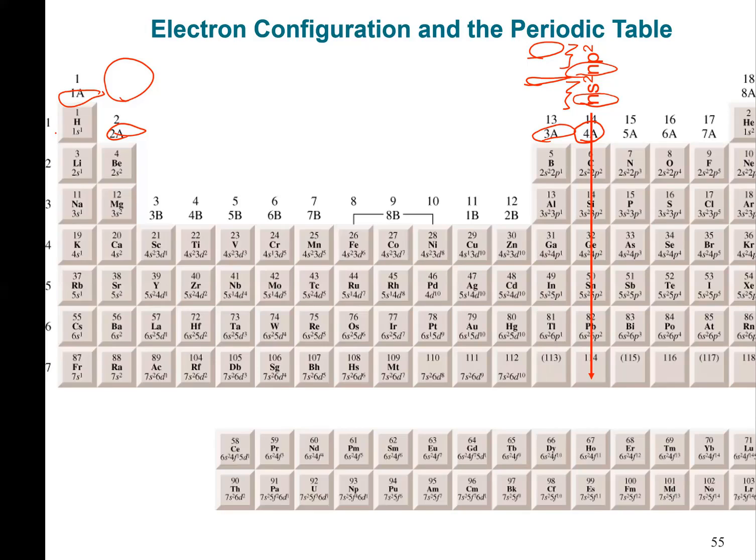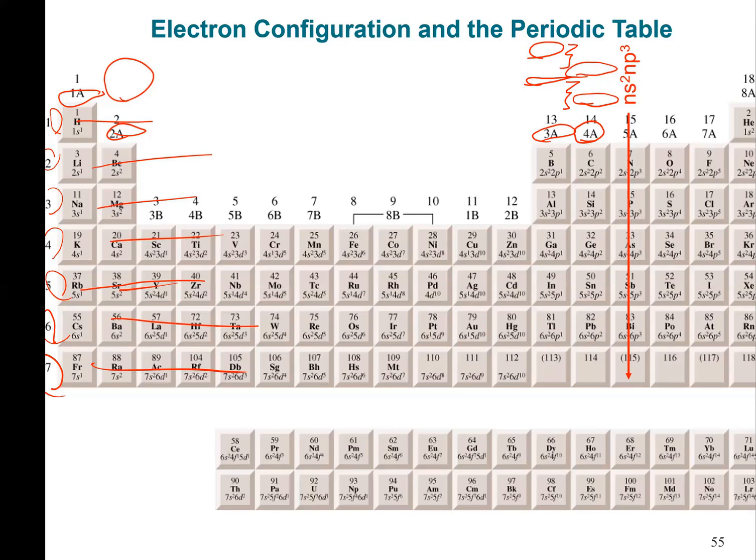Do you see? This is period 1, period 2, period 3, period 4. This is period 5. See? 1, 2, 3, 4, 5. This is period 6, period 7. And remember, this belongs to here. So this is period 6, and this is period 7, because these elements came from inside the periodic table.